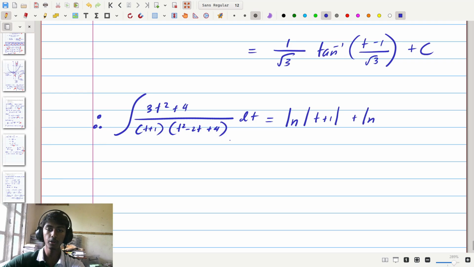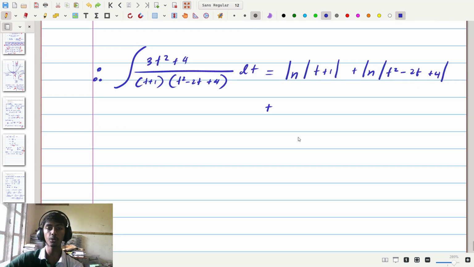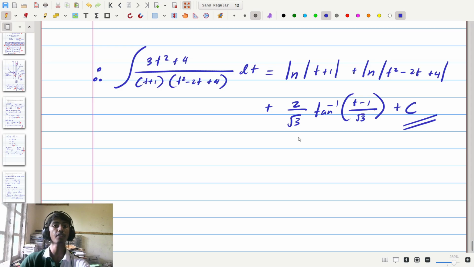Second term is natural logarithm of absolute value of t squared minus 2t plus 4. And the third term is plus 2 times the integral, which is 2 times 1 over root 3, or 2 over root 3, times tan inverse of (t minus 1) over root 3, plus c. And that is going to be the final answer to this part of the question.